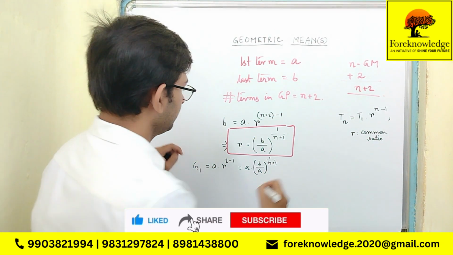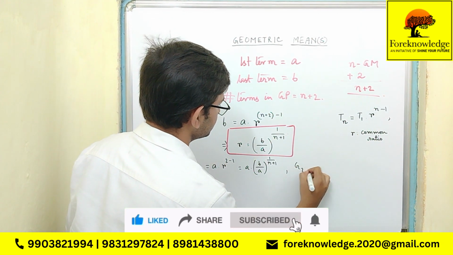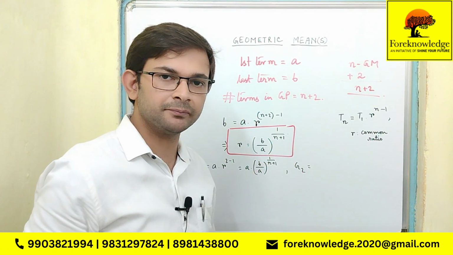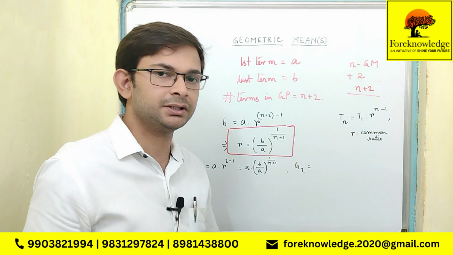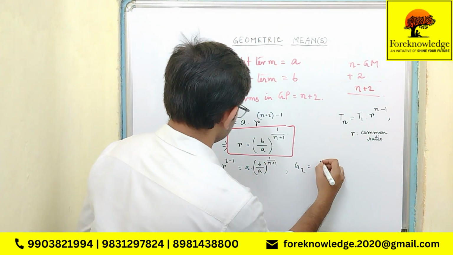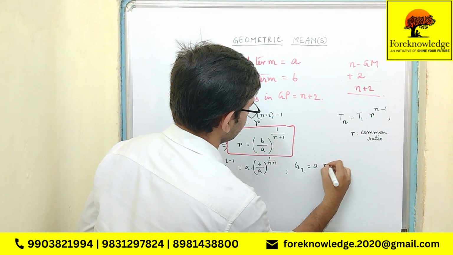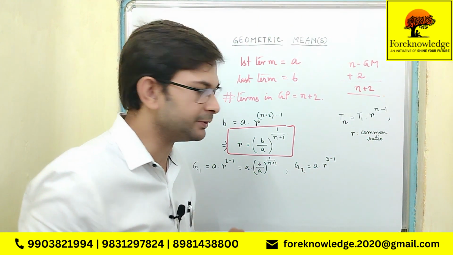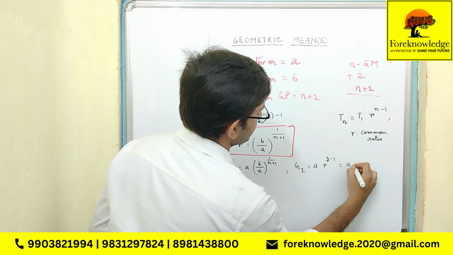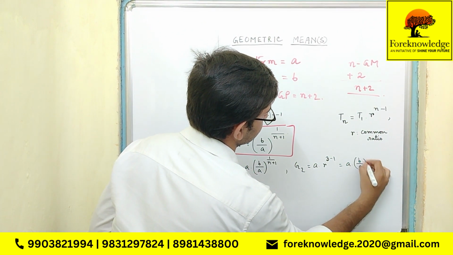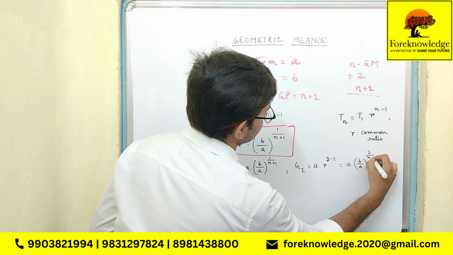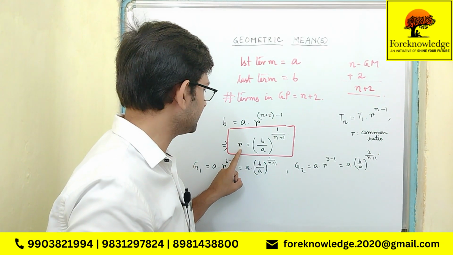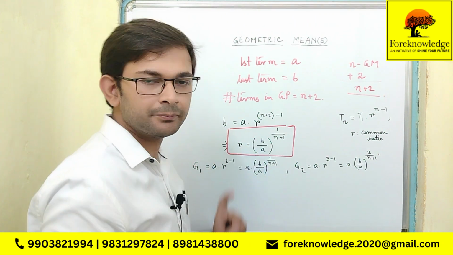What is G2? G2 is the third term of the GP and the second geometric mean. So A into r to the power 3 minus 1. So A into b by a whole to the power 2 by n plus 1, because r square is b by a whole to the power 2 by n plus 1.